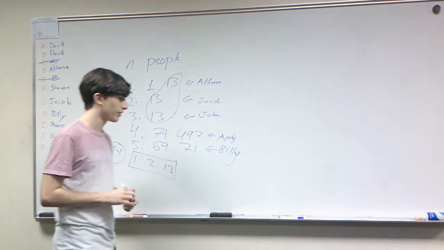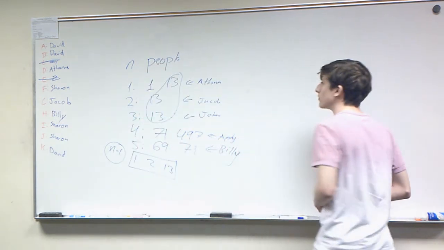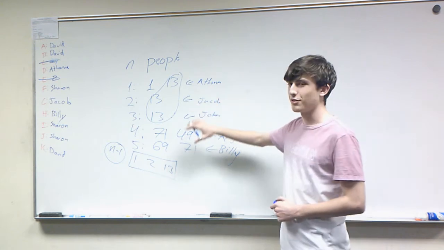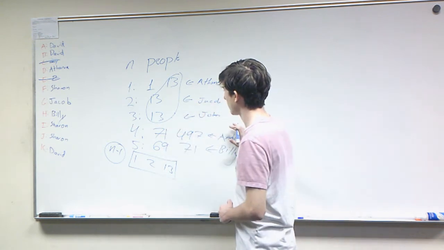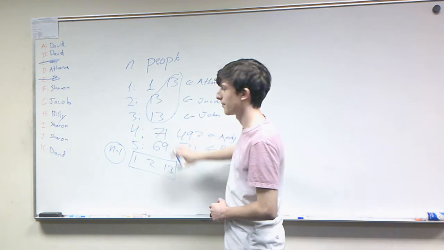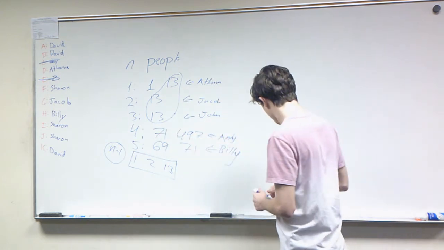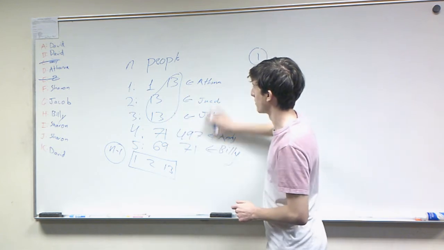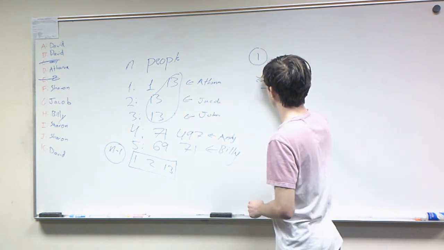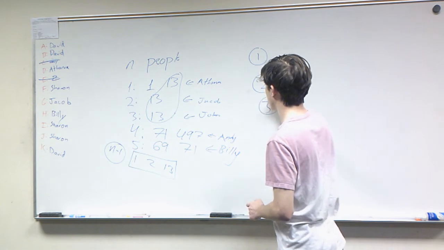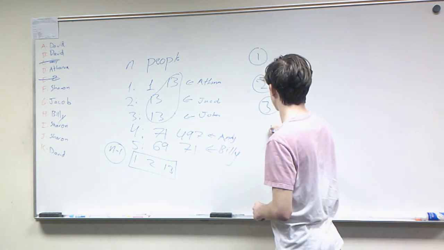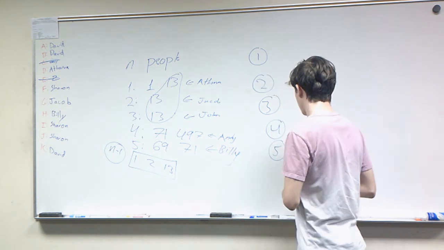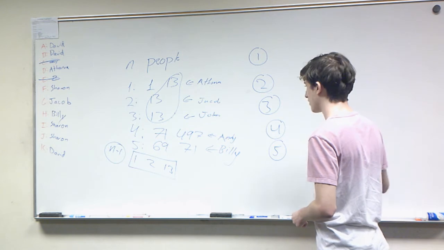Because I used the terminology connected, this is a graph problem. And what we're going to do is make a node for each person and a node for each color. So for example, from this input, we would get a graph that looks like this. A node for each person, a node for each color.